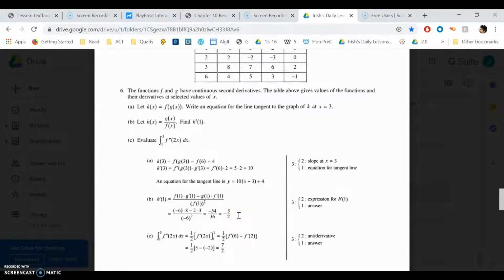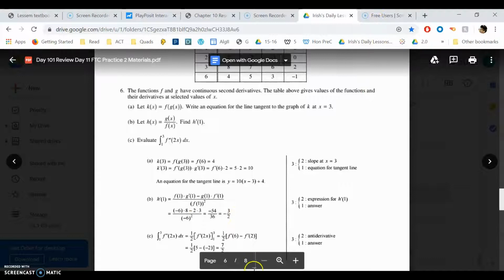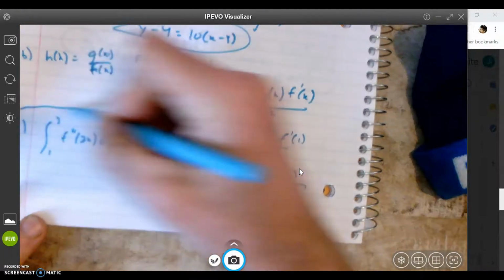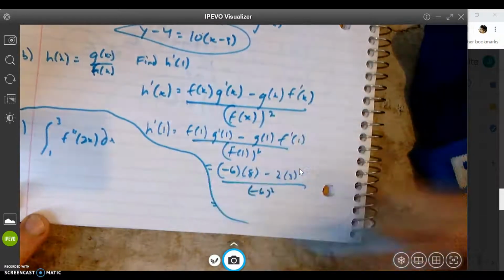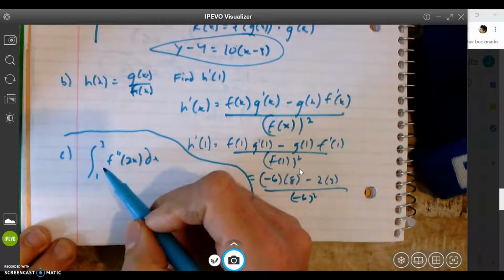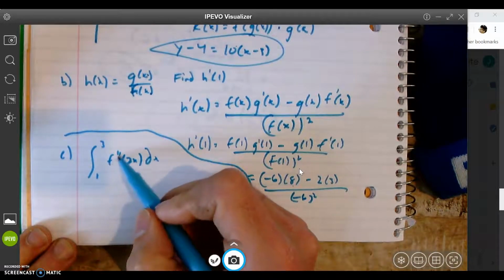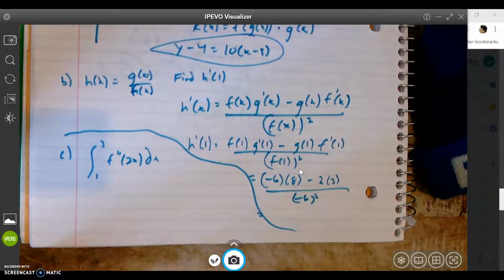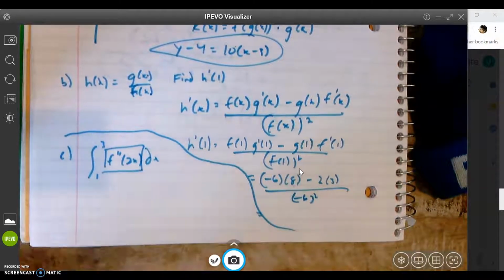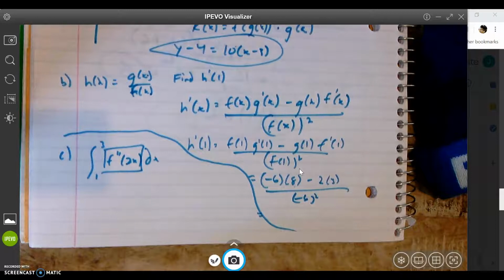Okay, dokie. Now let's do the last part. Always the most challenging, always the one we've got to focus on. This is what's going to separate you from everybody else, is knocking out these more challenging pieces. So now you have to find an integral of f double prime of 2x. I need to find the antiderivative of this first.